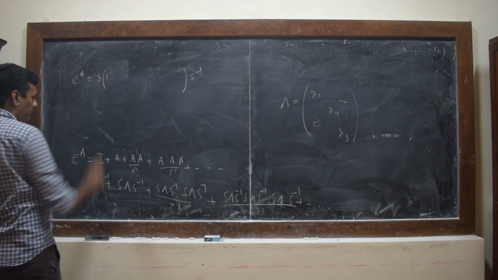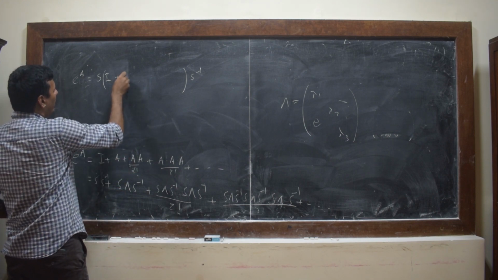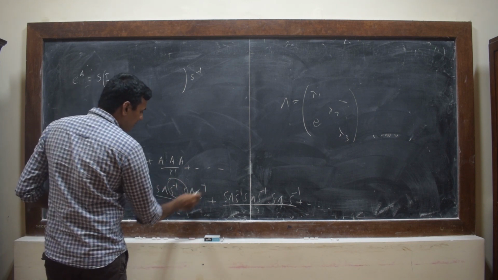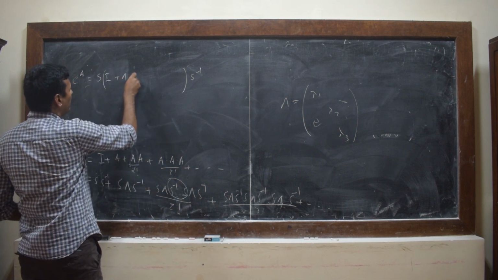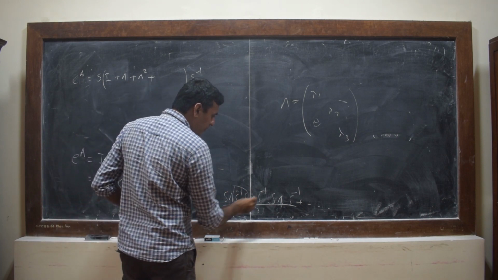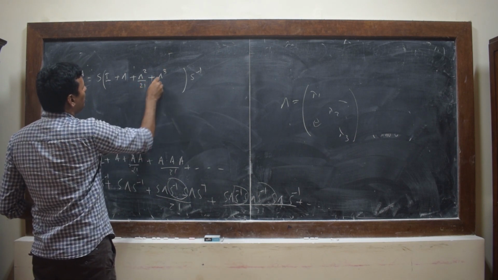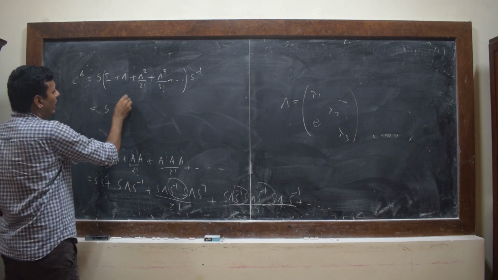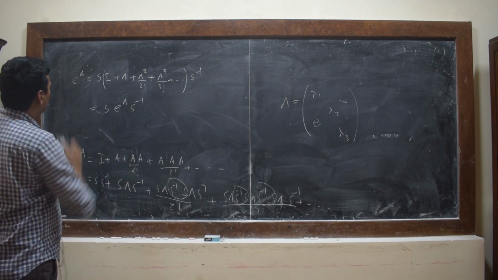You will have identity plus lambda plus, here you can see that this will become identity, so S into lambda square S inverse, so you will have lambda plus lambda square. In the next term, this will be identity and this will be identity, so lambda cube by 3 factorial plus etc. Or this is equal to S into e raised to lambda S inverse, and this will be e to the power A.